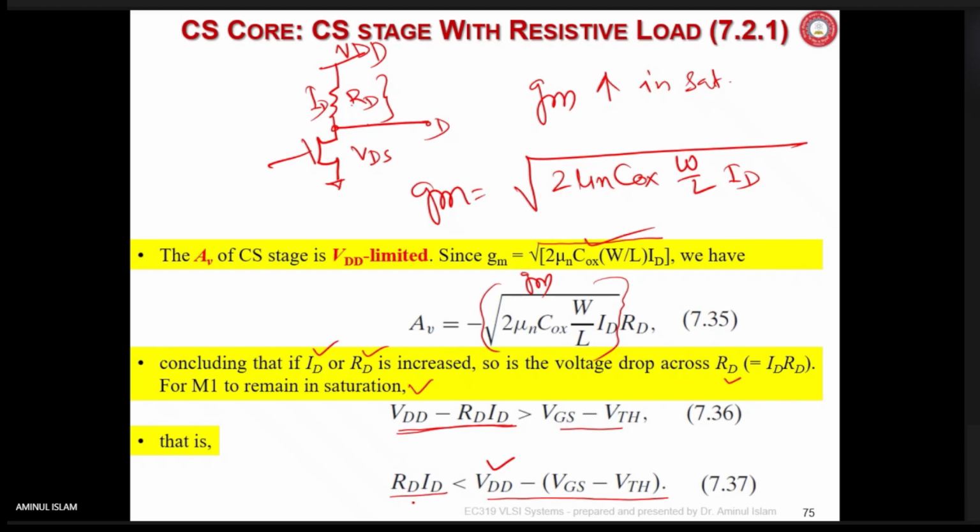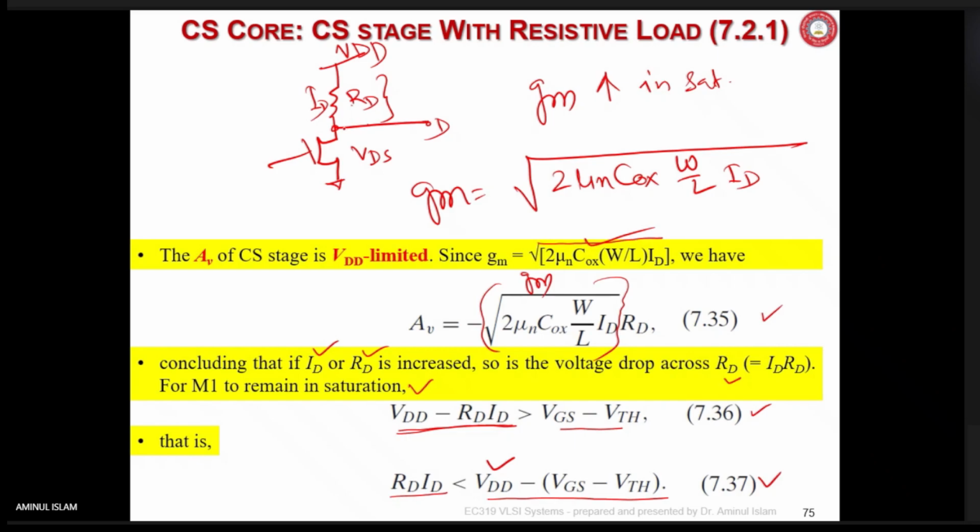That is, ID RD less than VDD minus, within parentheses, VGS minus VTH. These equations, all these equations, are understood or not? Yes, sir. Anywhere any equation is not understood, it is all from our fundamental things, very fundamental things.